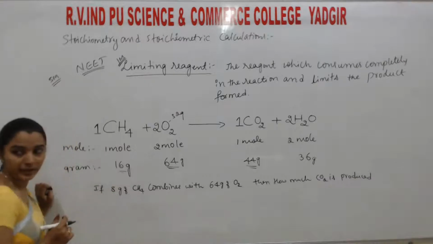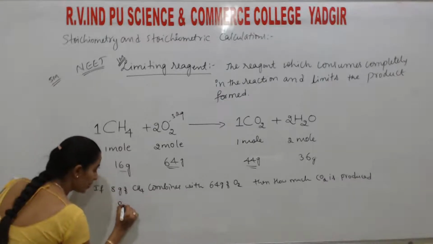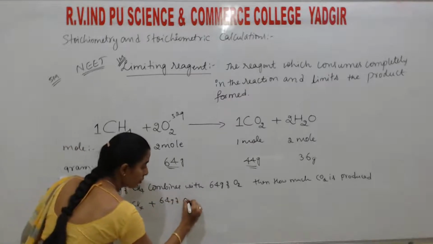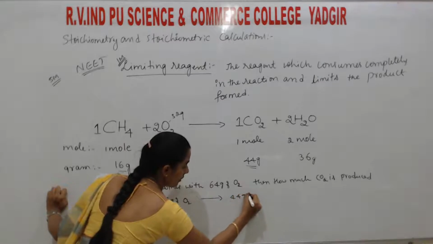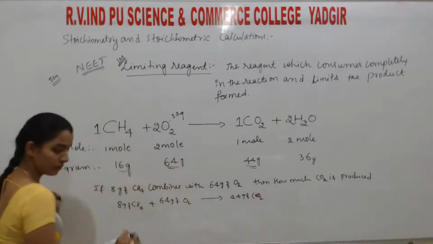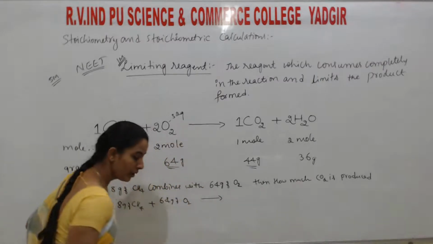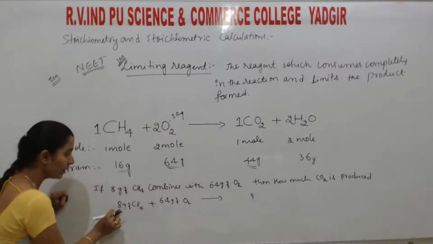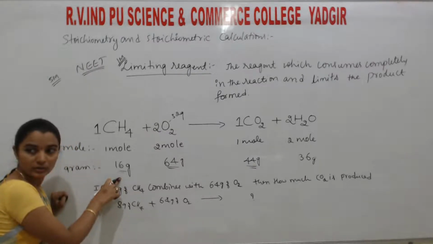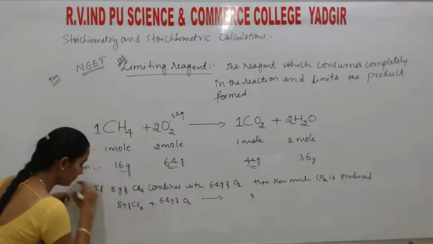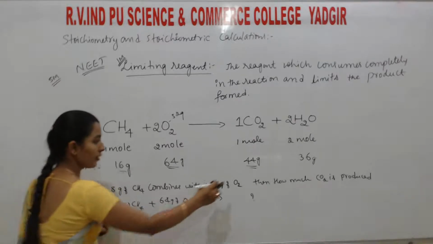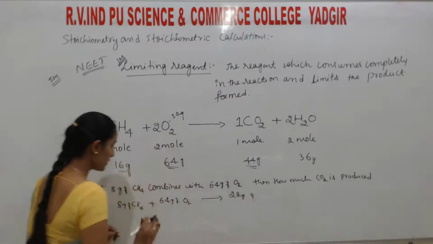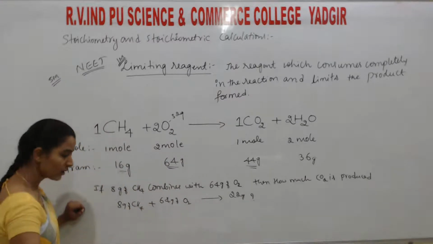Here they have given 8 gram, so this is divided by 2, and the product formed is 22 gram. By seeing this you can say it; otherwise another rule is there.